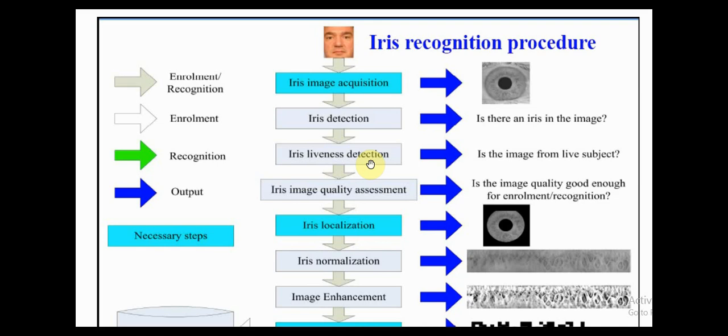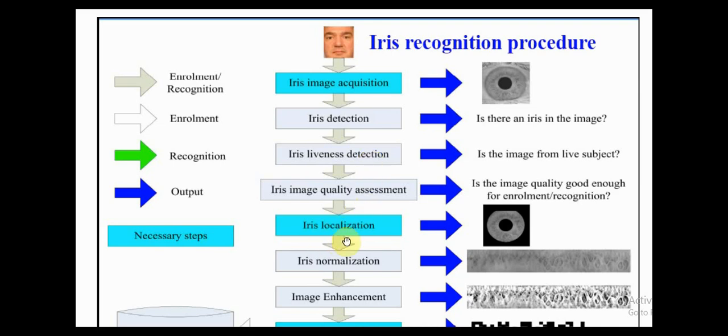Then the iris image quality should be evaluated, and if the image quality is good enough for enrollment or recognition, we can continue to the next step. Otherwise, we come back to the image acquisition step and take another image from the subject.